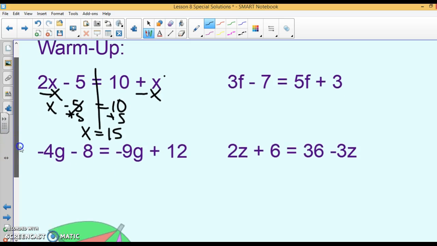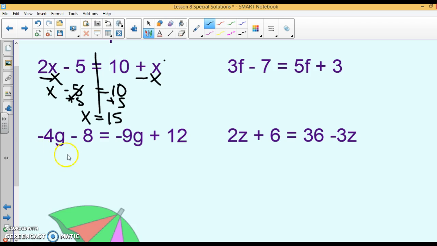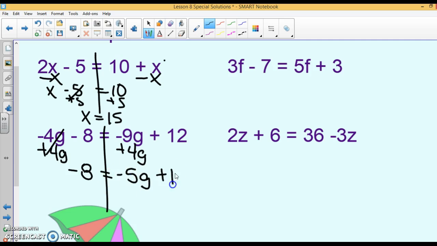Then look at the one down here. I have negative 4g minus 8 equals negative 9g plus 12. Again, I want to move my variables to one side. So I'm going to add 4g to both sides. This is going to cancel this out, so I'm left with negative 8 equals negative 9g plus 4g is negative 5g plus 12.